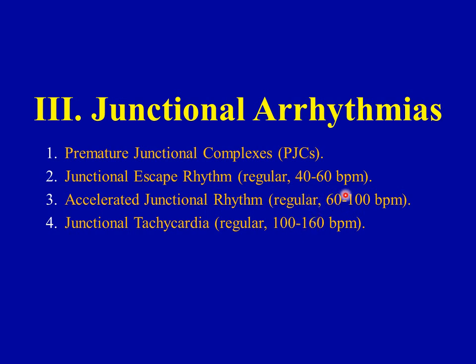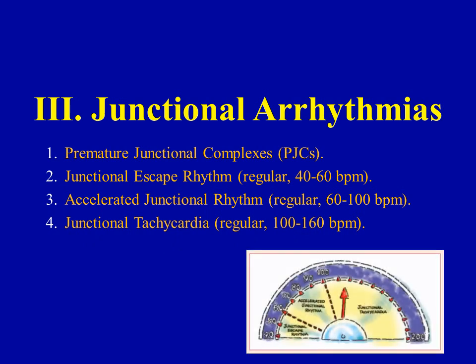At 40 to 60 beats per minute, we call them junctional escape rhythms, and between 60 to 100 beats per minute, they are accelerated junctional rhythm. And if the rate is between 100 to 160 beats per minute, they are junctional tachycardia. As I said, they are all regular, but they differ in their rate: escape rhythm, accelerated junctional rhythm, and junctional tachycardia.